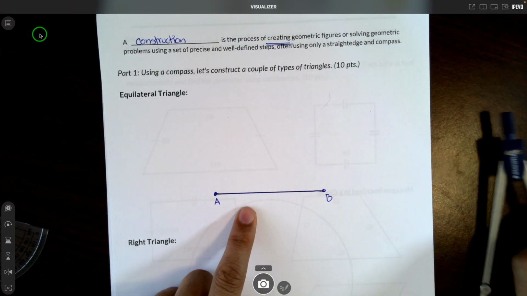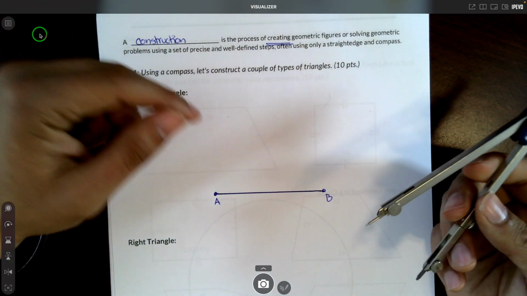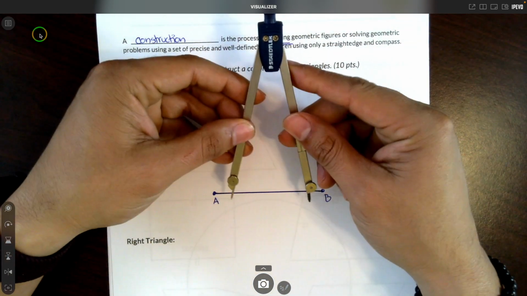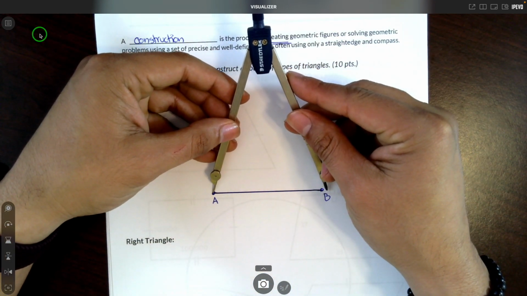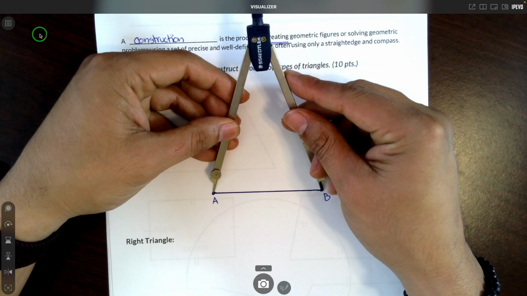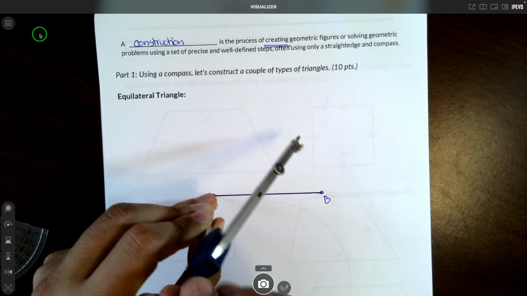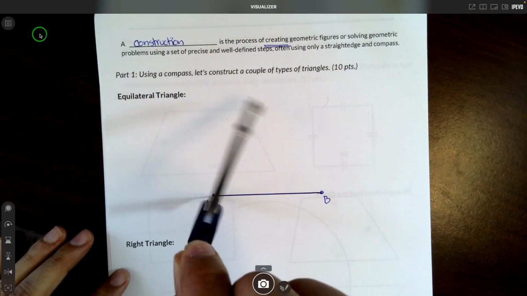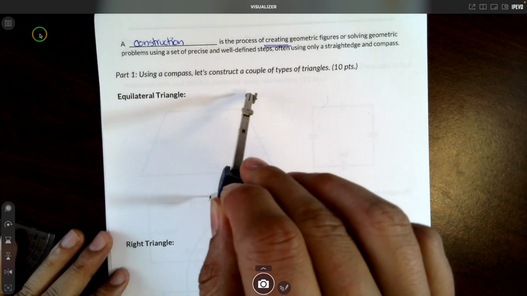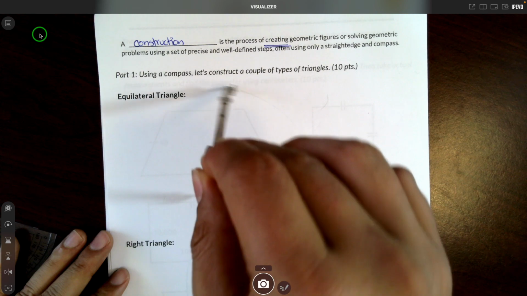And I want to make a triangle that's equilateral using this segment. So what you do is you open up your compass to the same size, and then you pick one of the sides. I already taught you guys how to hold it. Just hold the top, and I'm just going to go ahead and draw an arc.